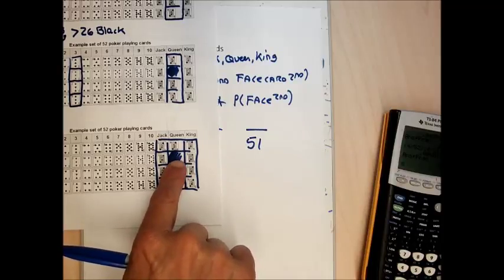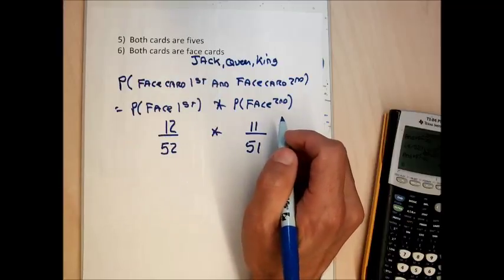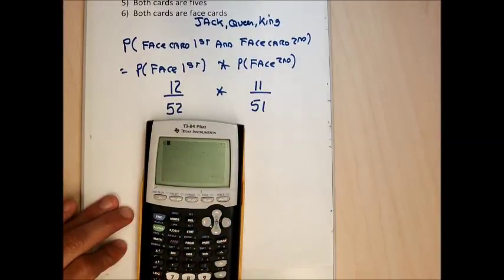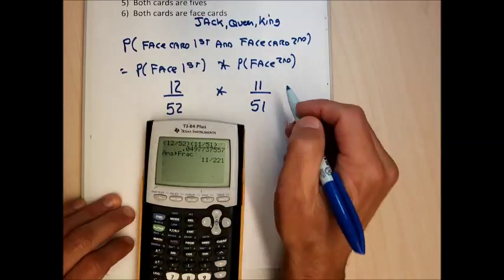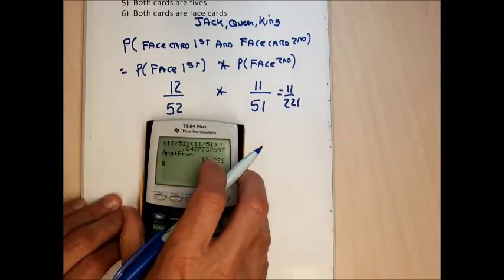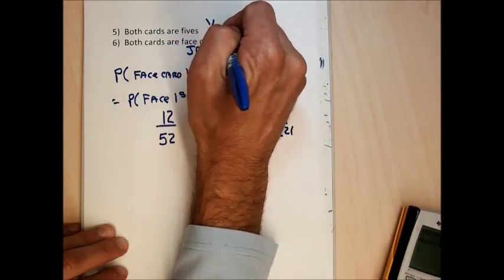And because I'm assuming I pulled out one of the face cards, there's only 11 face cards to choose from for my second card. And this, as a probability, if I do 12 over 52 times 11 over 51, is going to be 11 over 221. Your problem 6 should be 11 over 221.